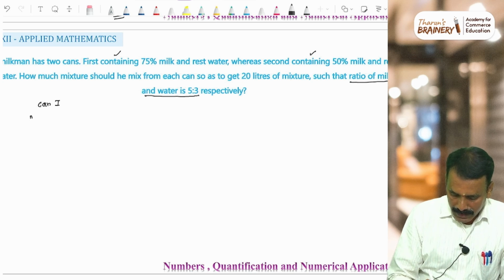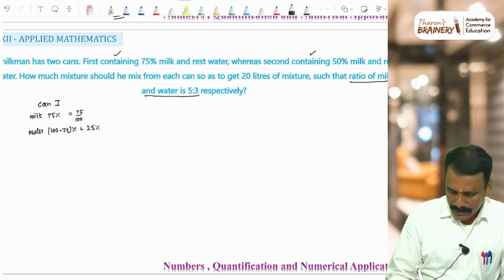It is going to have milk 75%. That is 75 by 100. So water will be remaining portion, correct? So water will be 100 minus 75%. And it is going to be 25%. That is 25 by 100.